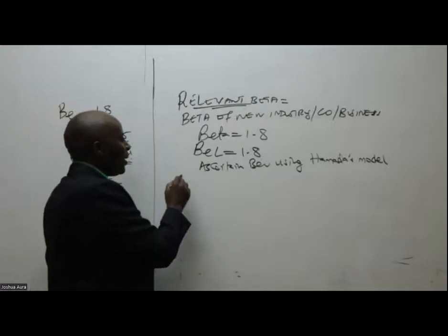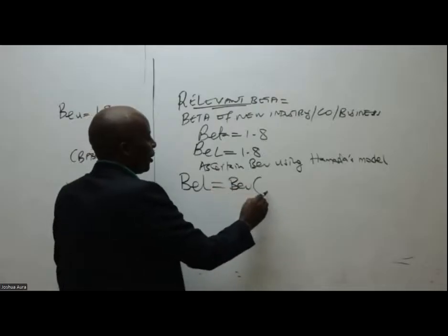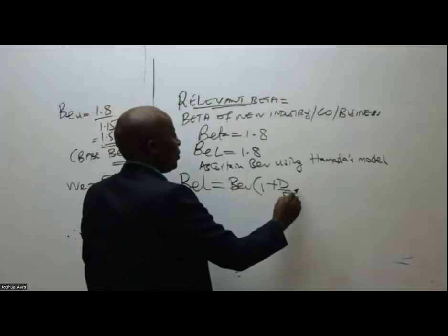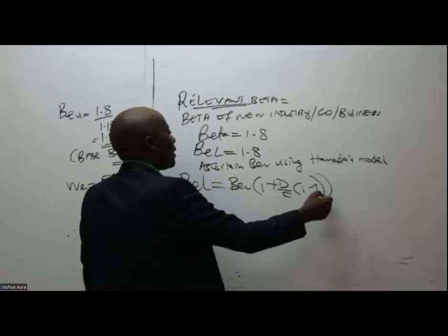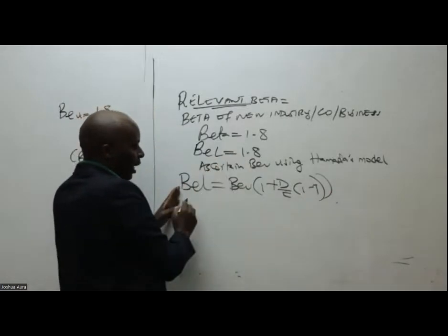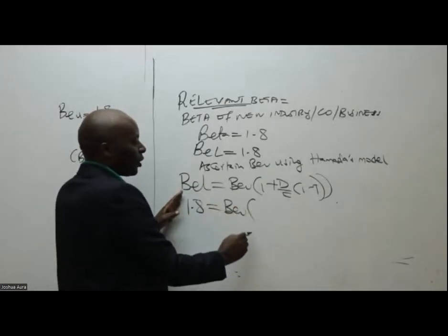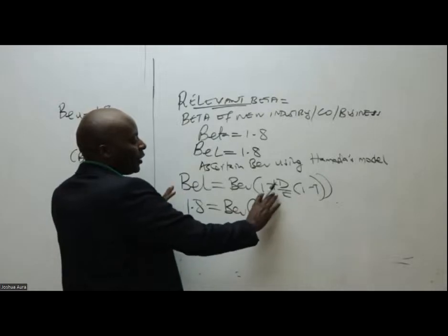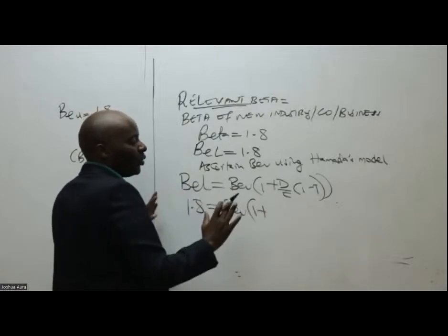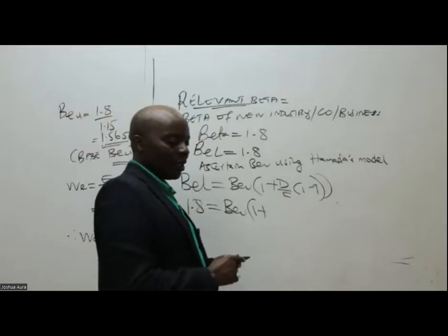So this is how Hamada's model looks: BEL equals BEU times 1 plus debt to equity ratio, times 1 minus tax. So whatever we have here is our BEL, 1.8. BEU is what I'm looking for. Remember, everything here is about the new business, new industry.